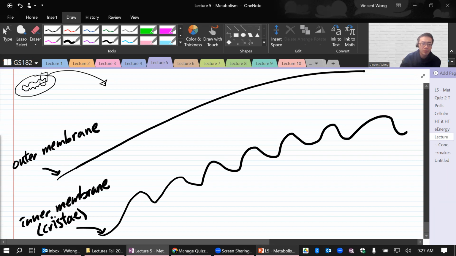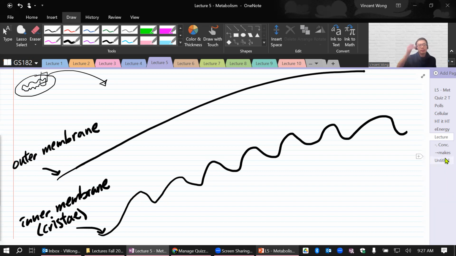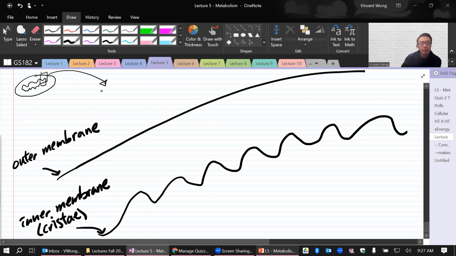That forms the cristae, right? Out here is the cytoplasm. And then over here, that's the intermembrane space.